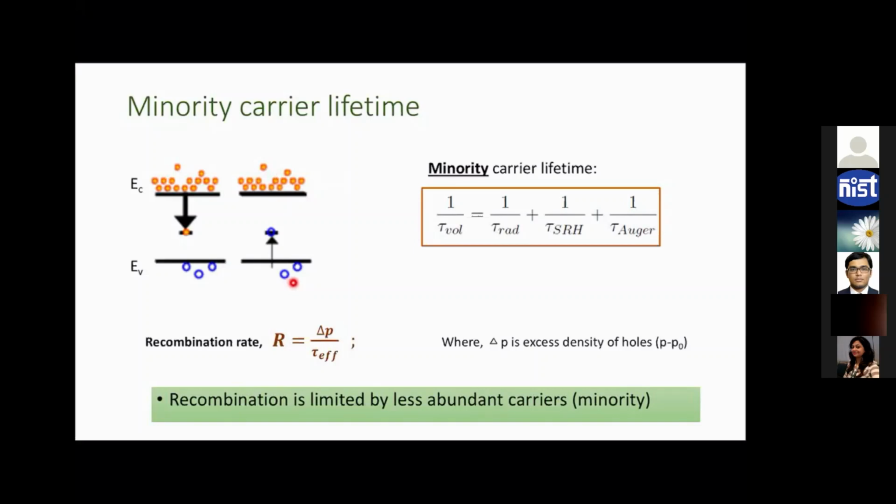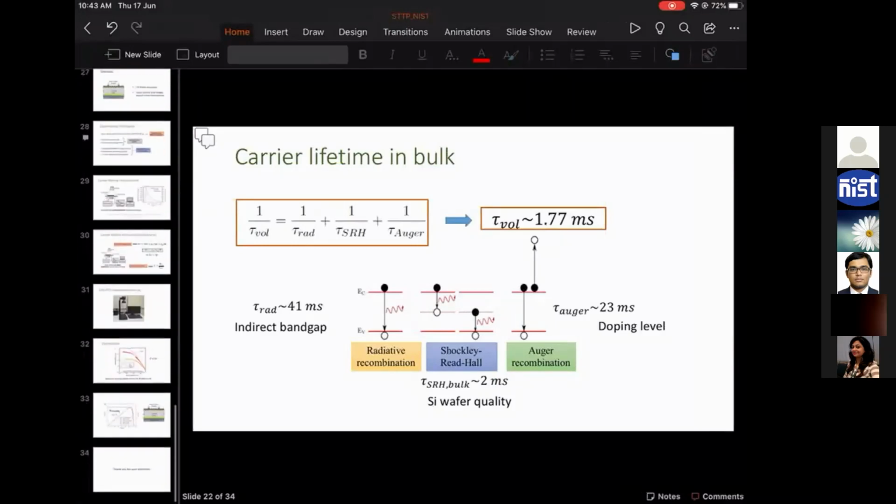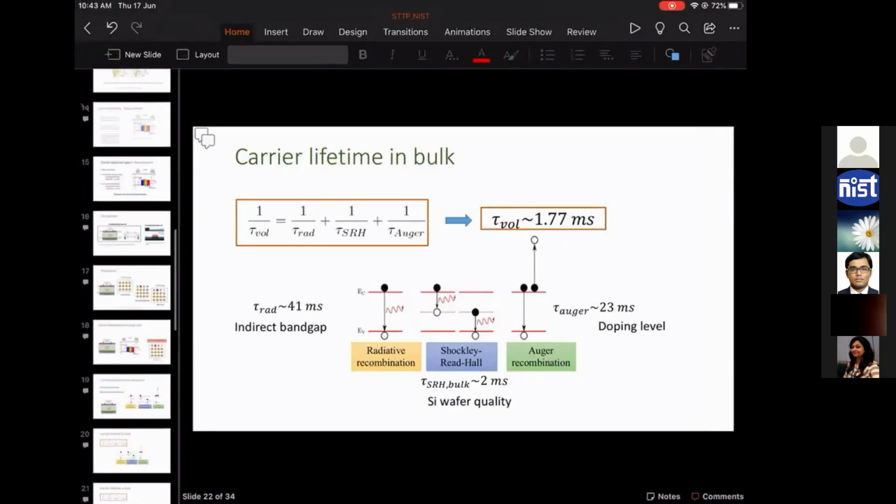If you have 1 millisecond of minority carrier lifetime inside your N-type semiconductor, the majority carrier lifetime will be much, much lesser than 1 millisecond. So it is not about the lifetime, because there are a huge number of carriers present and their mobility is high. So the overall conductivity that they will give will be higher compared to your minority carrier conductivity. This is how I will answer your question.